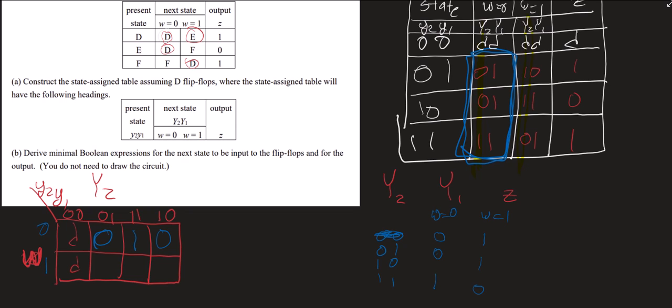Now I'll look when W is 1. At 0, 1, I get 1. At 1, 1, I get 0. And at 1, 0, I get 1. And this gets me that grouping, that grouping, and this one all by itself.